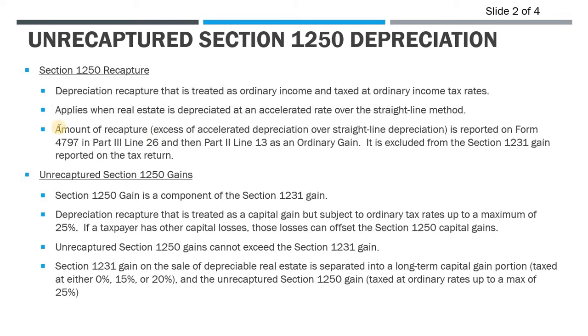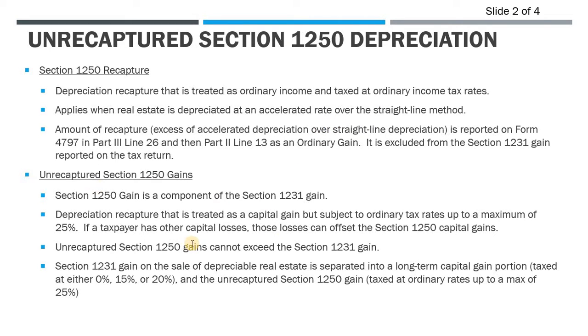If we go back to the Section 1250 recapture, this is truly just ordinary gain. So it's ordinary income where you can't offset with other capital losses, and you would get ordinary income tax treatment at those ordinary tax rates up to whatever your marginal rate is. So if you're a high income taxpayer in that 37% tax bracket, you're going to be paying 37% on those gains.